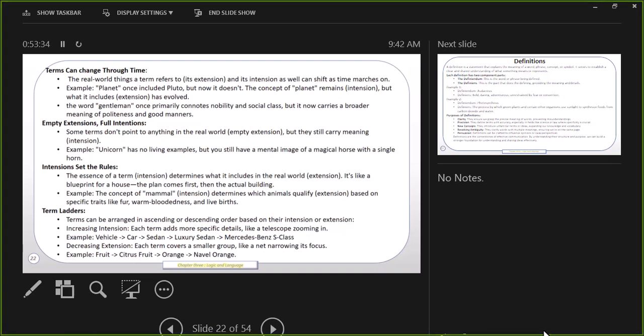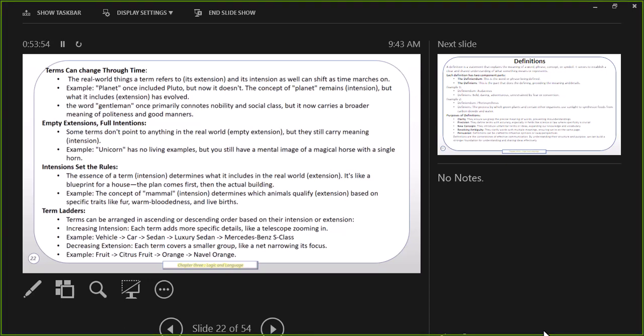Which one is possible, a term without intention or a term without extension? Justification, why? A term without extension is possible, whereas a term without intention is impossible, does not exist.